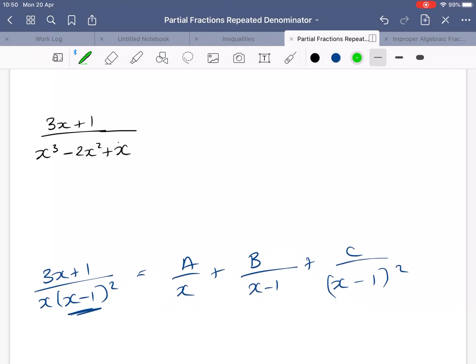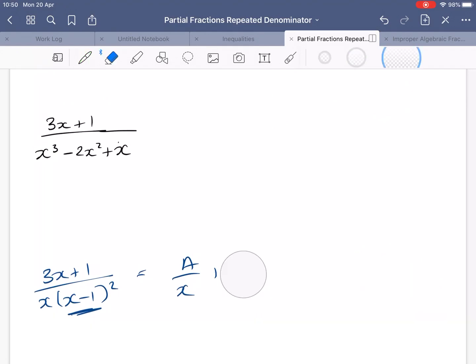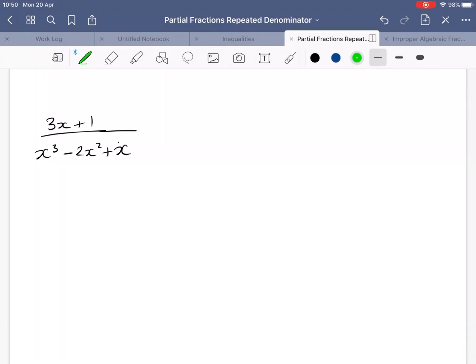If we look at the next one, we just think I need to factorise this. So, well, what's common to all of them is I can take out a factor of x first. Okay, so I'd have x times brackets x squared minus 2x plus 1. But then I can factorise this to be x minus 1 times x minus 1.